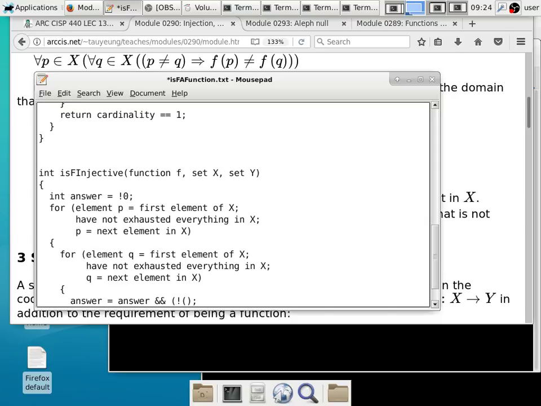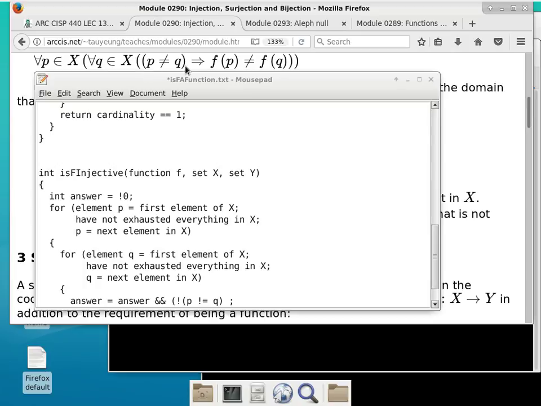If not P not equal to Q, because X implies Y is not A or B. I'm just using that definition of implication. So I'm using exactly the same thing as we have here, but I put a negation because I'm turning the implication into a disjunction.